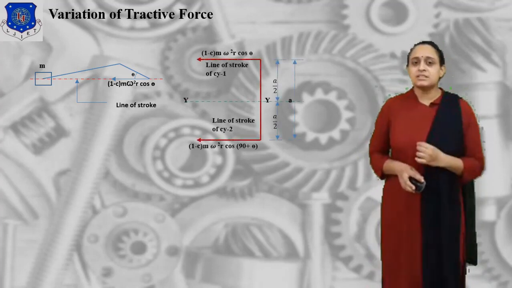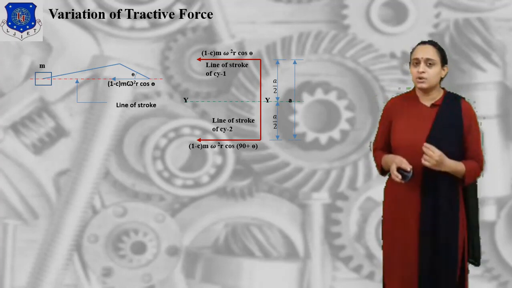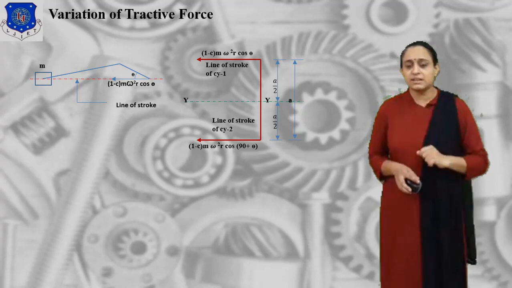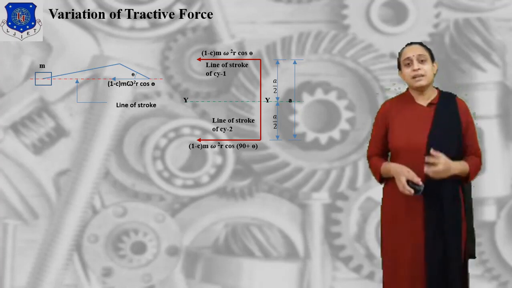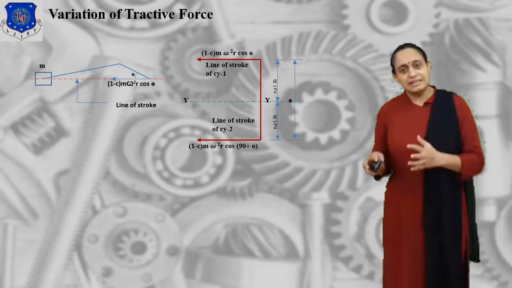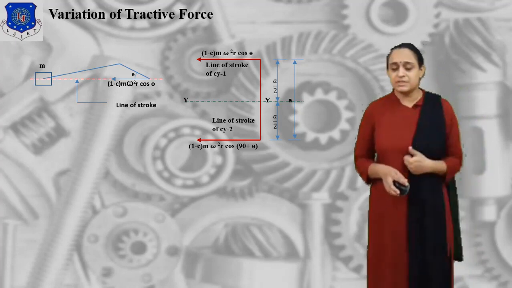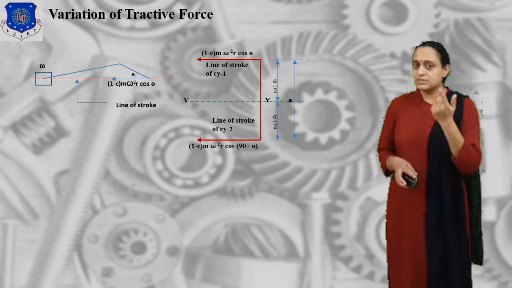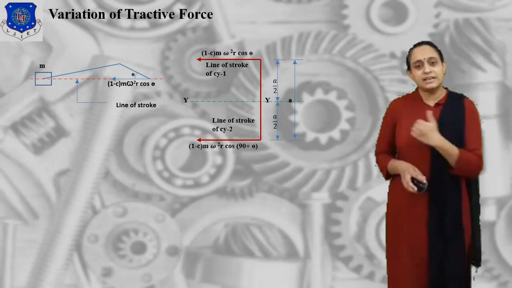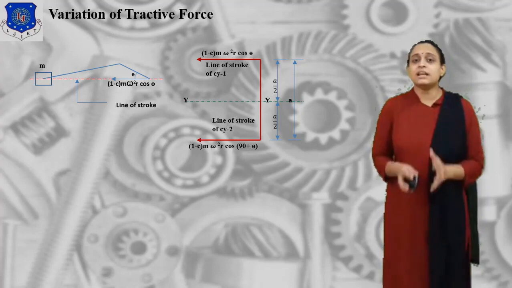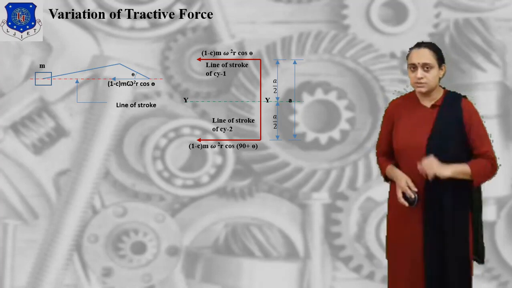Now, if we consider our two-cylinder locomotive engine, the first crank is at angle theta, and the second crank will be at theta plus 90 degrees, which was already covered in our previous session. If we consider the force along the line of stroke, we have two cylinders.